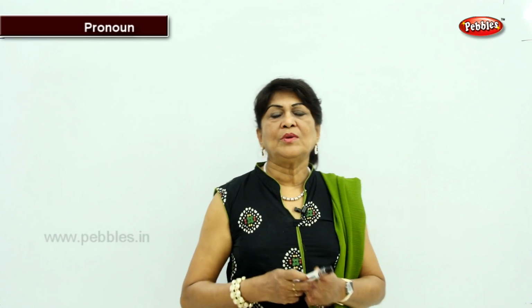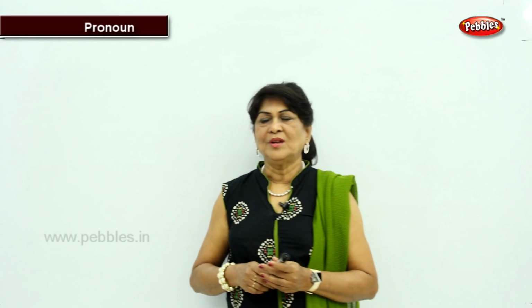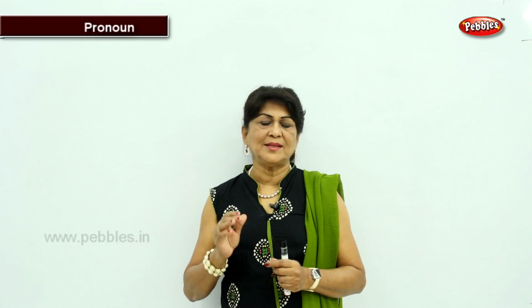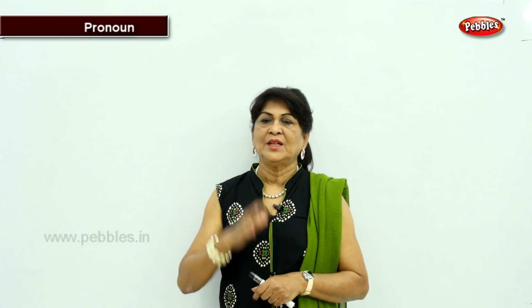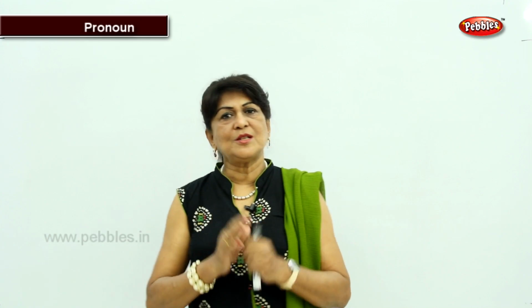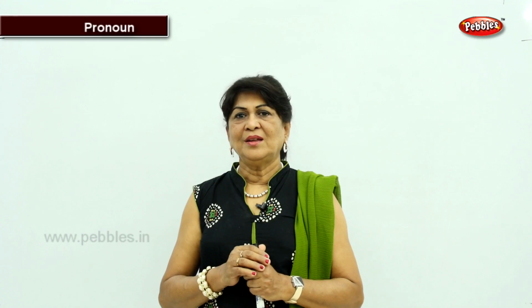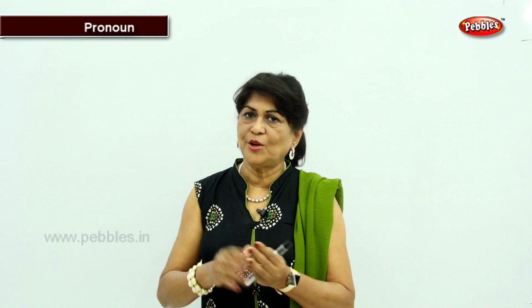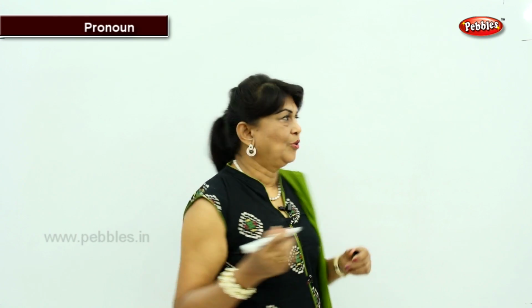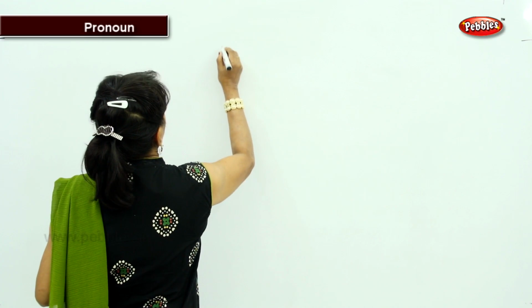So, what is a pronoun? We saw that a noun is a name of a person, place, animal or thing. What is a pronoun? A pronoun is a substituting word. It stands instead of a noun. Let me explain to you.